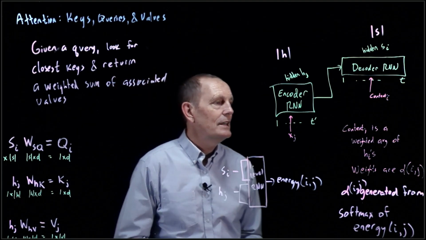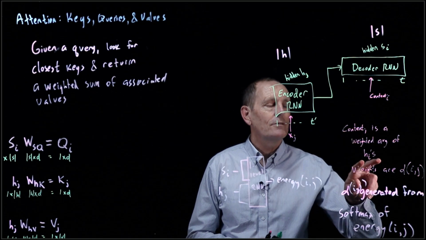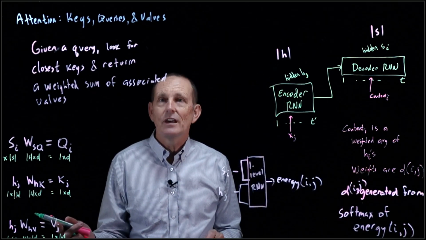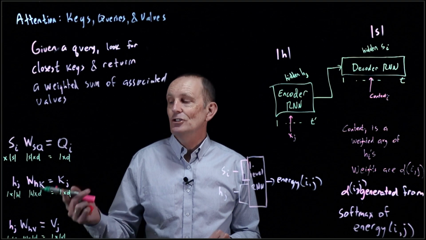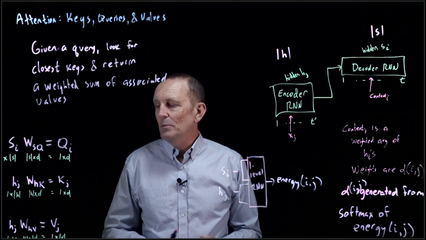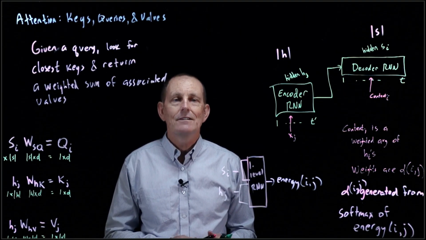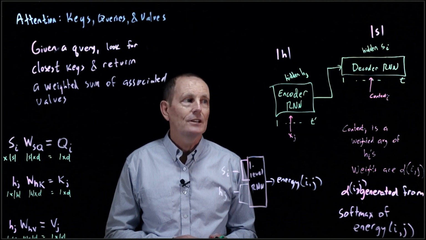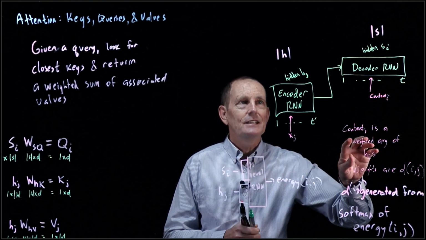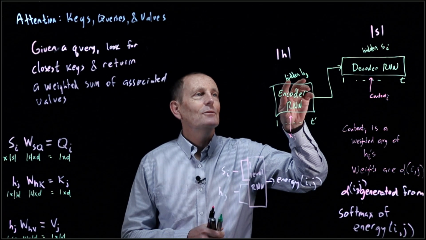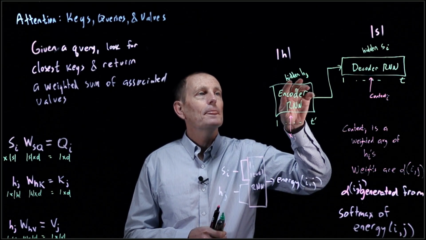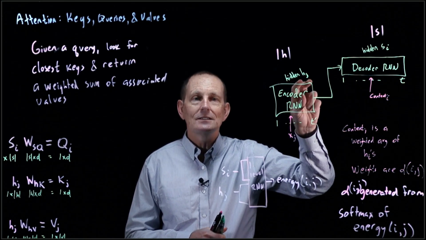And so when we went ahead and created our context, which is a weighted average of H sub i's, that's our assumption that our value is just the H sub J. But what this allows us to do is have a generalization that says our context isn't just raw weighted sums of hidden states.